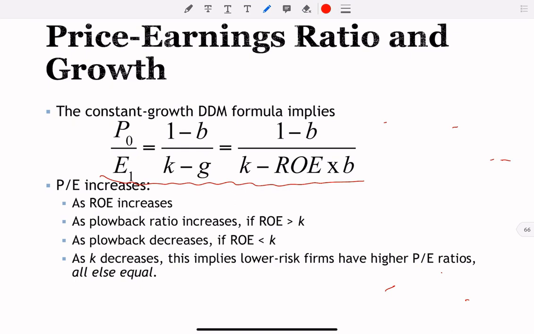First, if its return on equity increases, you can see that if ROE increases, then the denominator will be smaller, which implies the PE ratio will be higher, right? Then we also have this. If ROE is larger than K, then an increase in plowback ratio will increase the firm's PE.